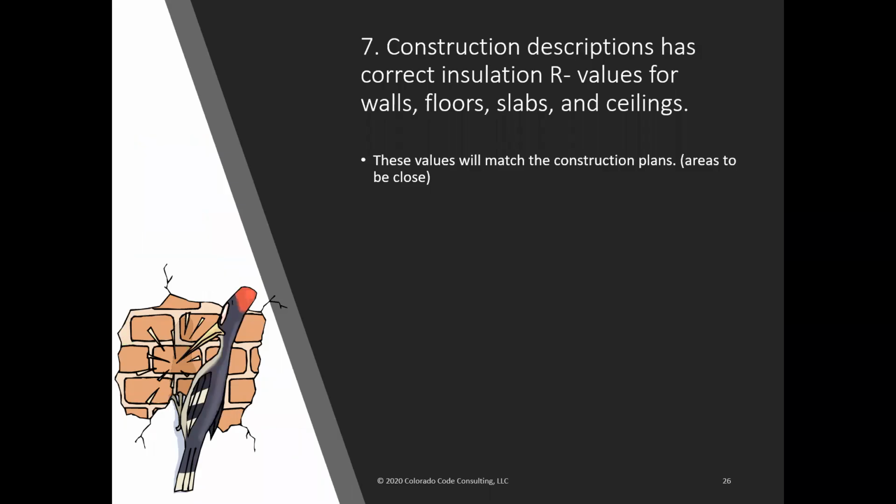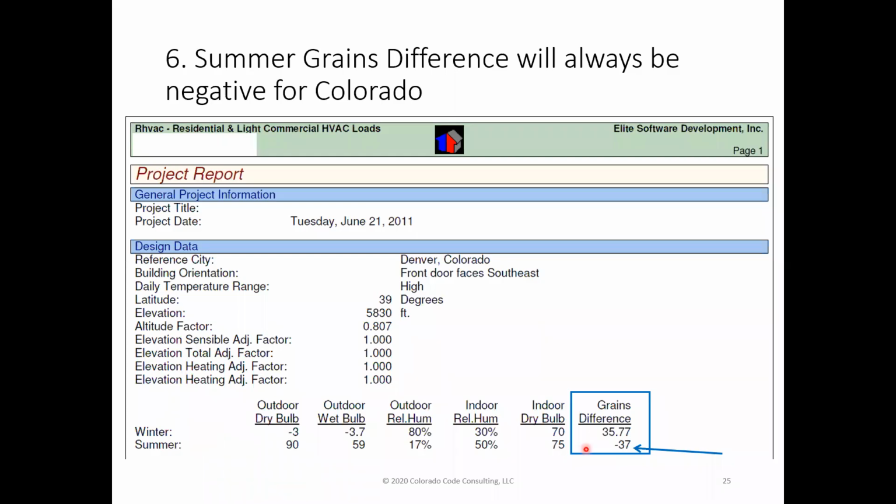Construction description. What we've gone through here is a reasonably quick check that as long as we've got our design parameters correct, outdoor design temperature, indoor design temperature, elevation, location on the planet, Denver, wherever it is you're at, and our coincident wet bulb is reasonably correct, and our grains difference.